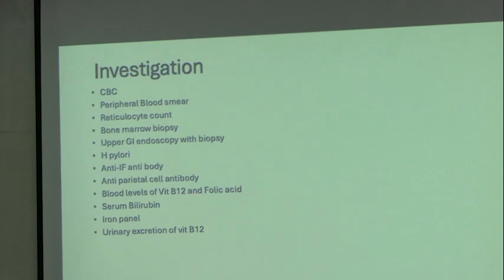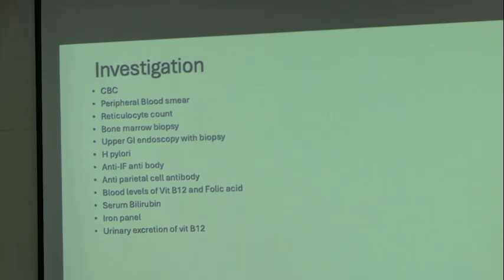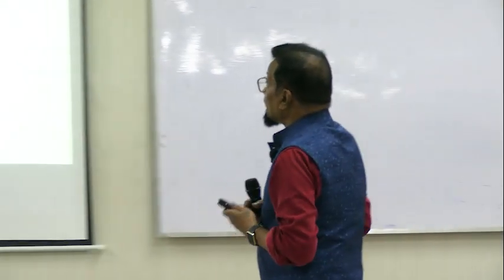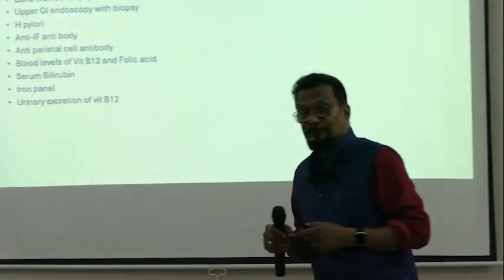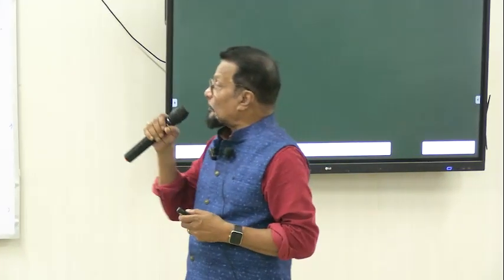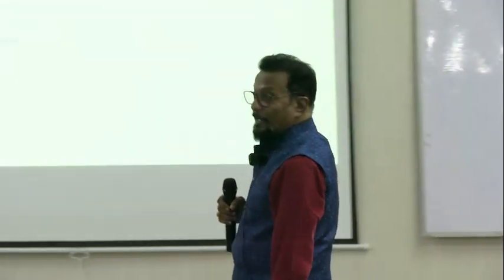In the other class, we know reticulocyte count normally is 1% of total RBC, and it may go up to 4%, 5% when there is increased activity in the bone marrow. So that's why reticulocyte count is given. So if I get any abnormality there, then I suggested bone marrow biopsy.